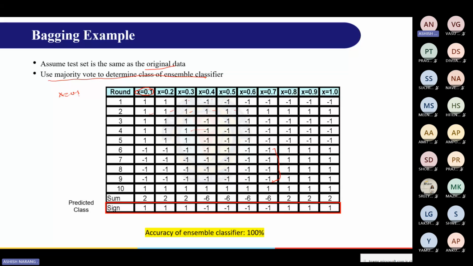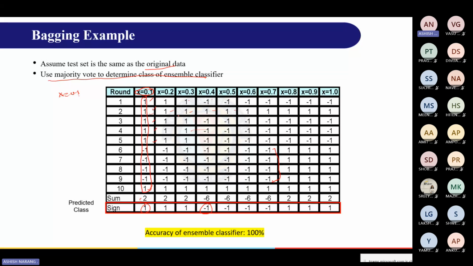Now I have to take the maximum voting out of this, right? 5 are saying 1, 4 are saying -1, and this one is also saying 1. So basically, if you sum this, if the sum is positive, the sign is 1. If it is negative, the sign is -1. That's the simple way to do that.